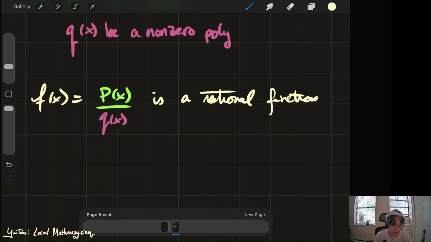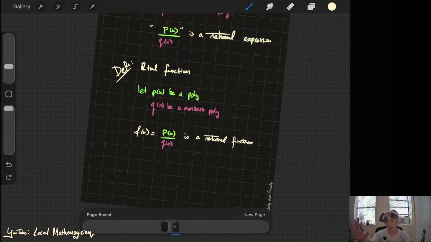The f of x is a rational function. Easy. But when we talk functions, we need to talk range and domain and all that good stuff.